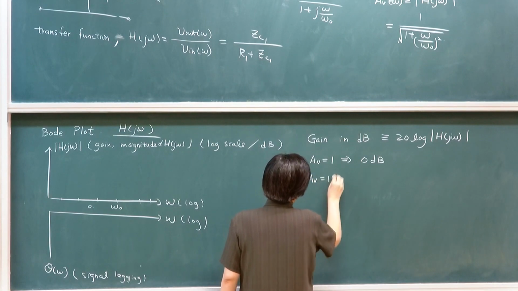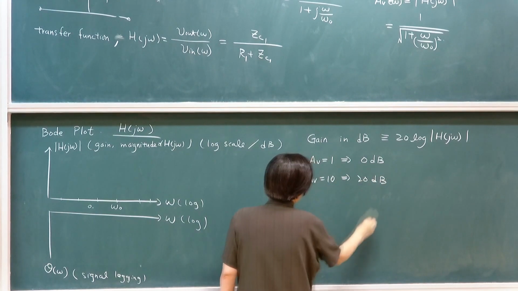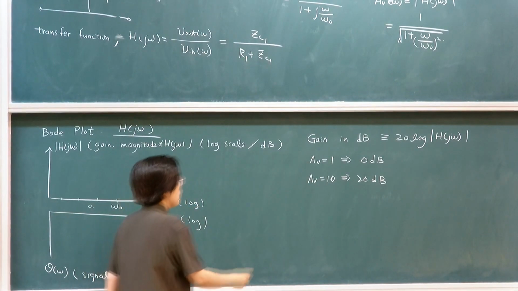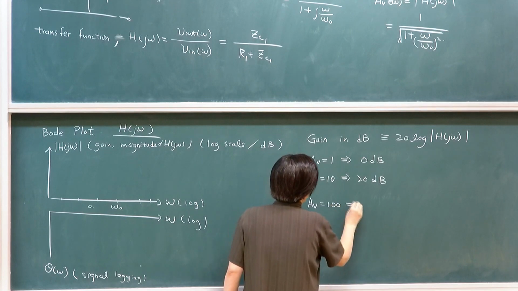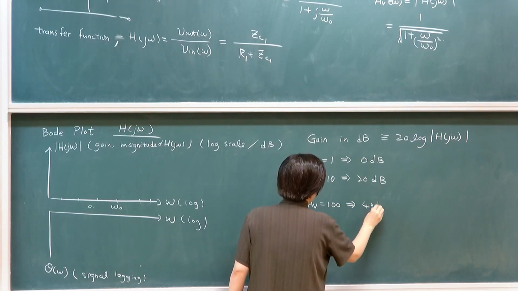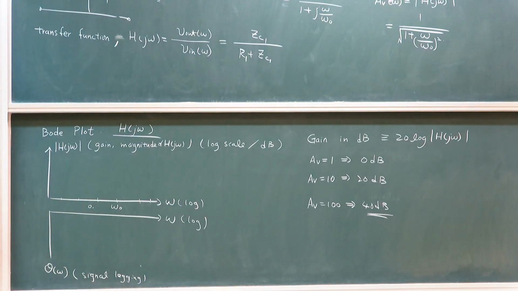For a gain of 10, it will be 20 dB, and so on. So you get a sense as to what it means. For a gain of 100, it simply gives you 40 dB. So 40 dB simply means that you have a gain of 100. Okay?